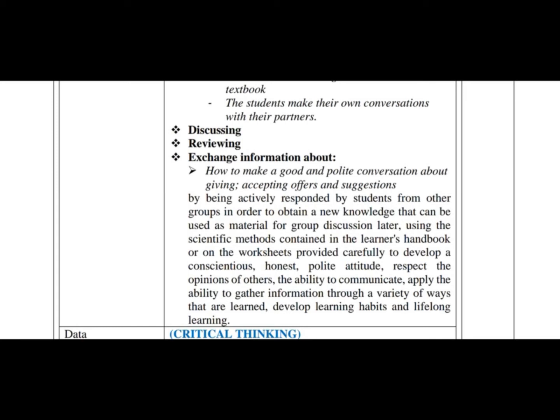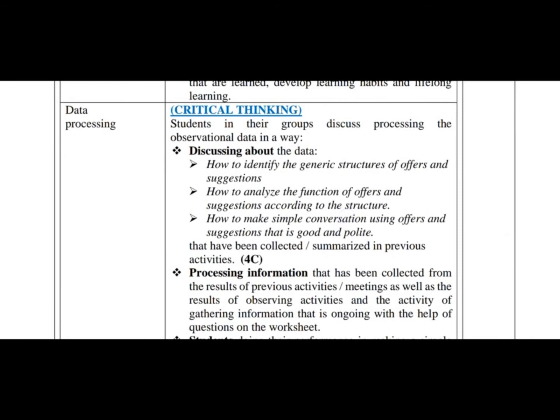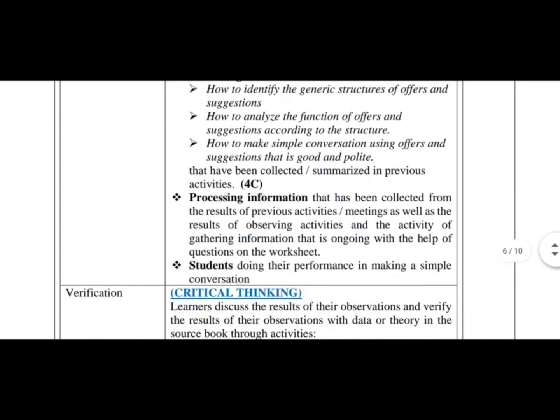Then move to data processing, critical thinking. Students in their groups discuss processing the observational data, discussing how to identify the generic structures of offers and suggestions, how to analyze the function of offers and suggestions according to the structure, and how to make a simple conversation using offers and suggestions that is good and polite, which have been collected or summarized in previous activities.